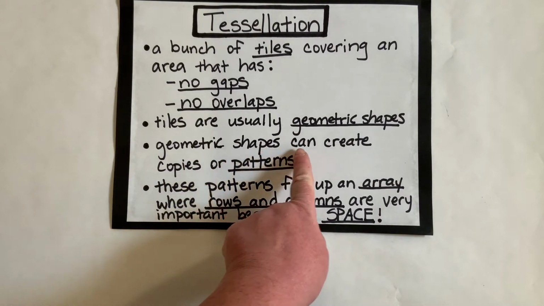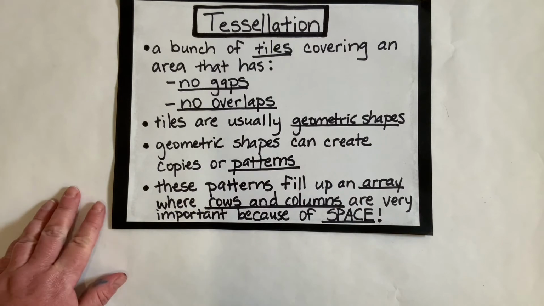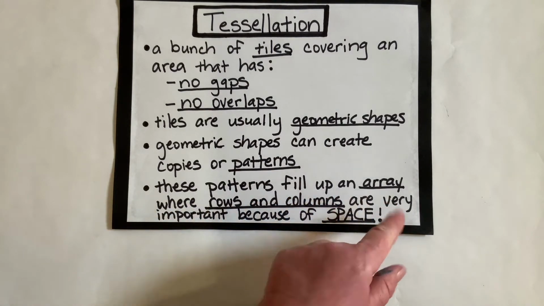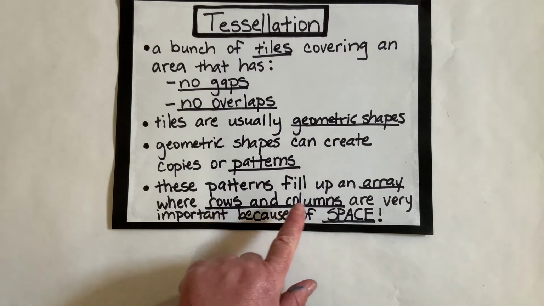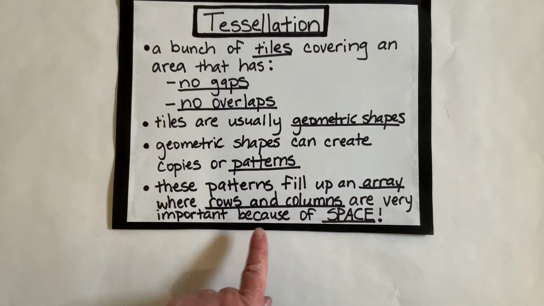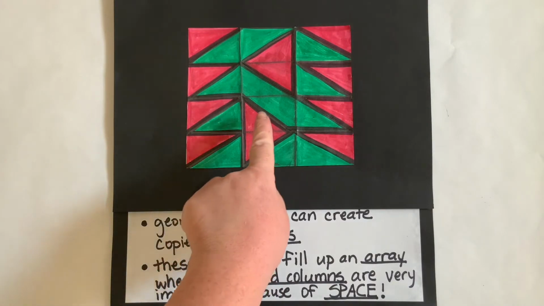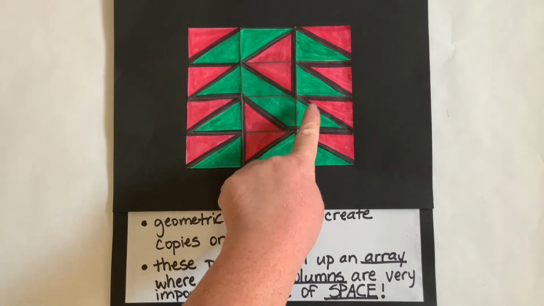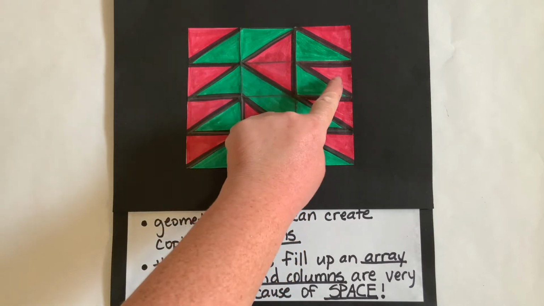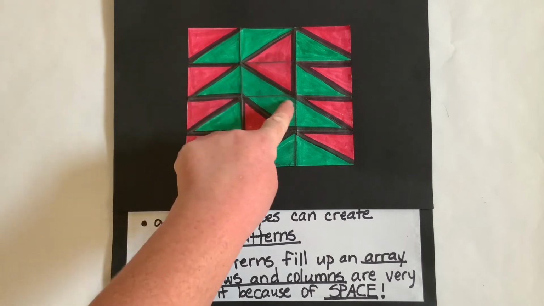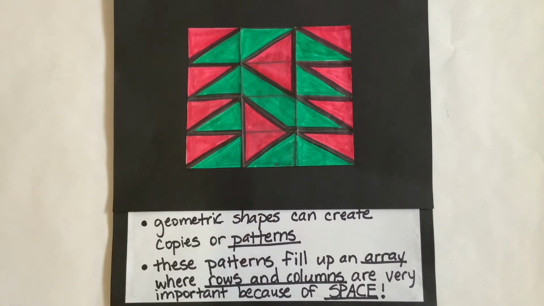Geometric shapes can create copies or patterns. These patterns fill up an array, where rows and columns are very important because of space. So let's look at it again. Do you see how the geometric shape of my triangle made more triangles, and even, look at that, 2 big triangles?